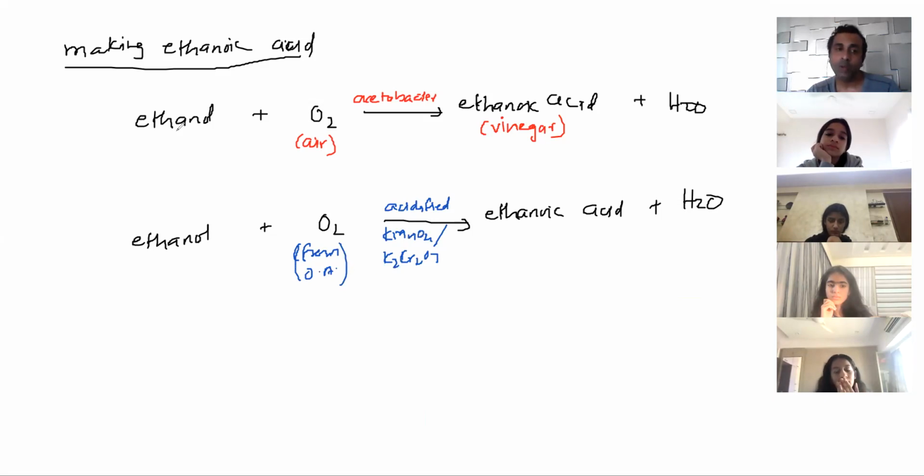So if you ferment ethanol, you'll get ethanoic acid, but that's the fermentation method. And second is using the oxidizing agent. These are the two ways to make ethanoic acid. Is that clear, everyone? In the second method, heating is required.